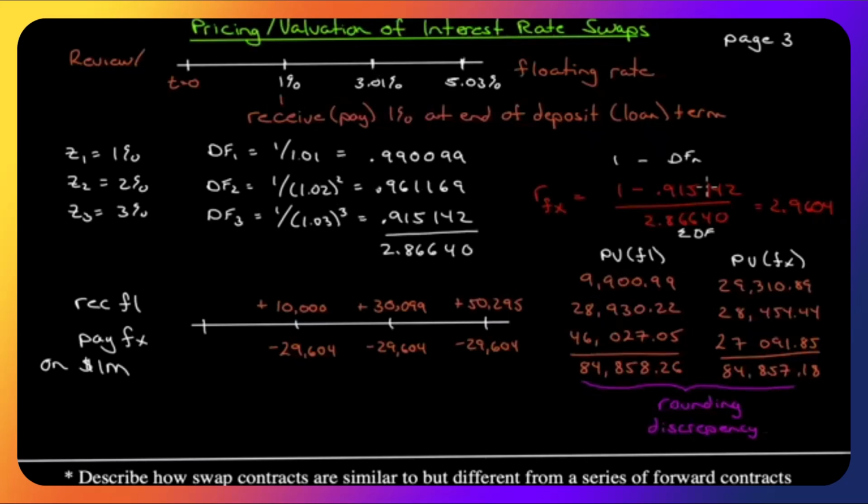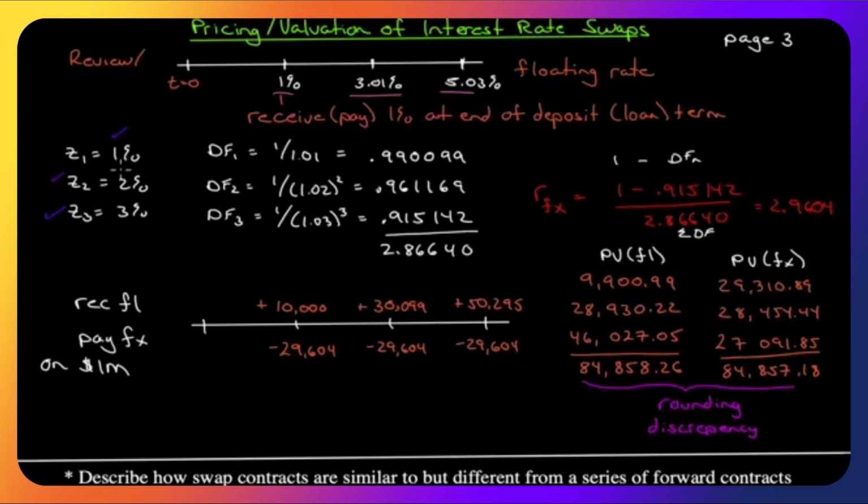A swap with a single rate is equivalent to a series of forward rate agreements, all with different rates using the implied forward rates. I get it. Thank you. Good enough. Let's move on. All right. Remember, we calculated these implied forward rates, and these were the spot rates that we observed at that time. So let's calculate the discount factors.